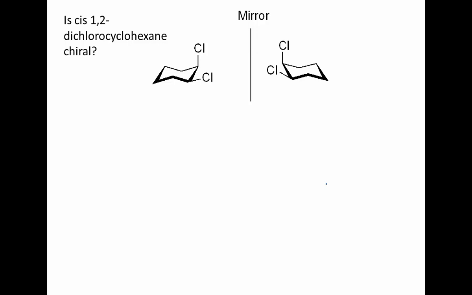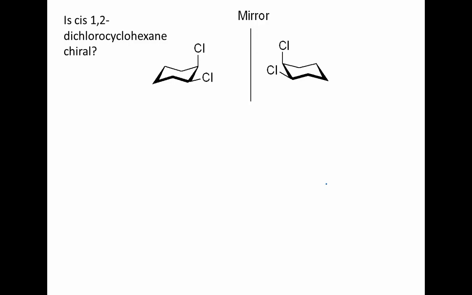All right, and how you answer this question depends on the conditions upon which you're examining the chirality. If you're examining it at room temperature, or if you're examining it at a very low temperature.